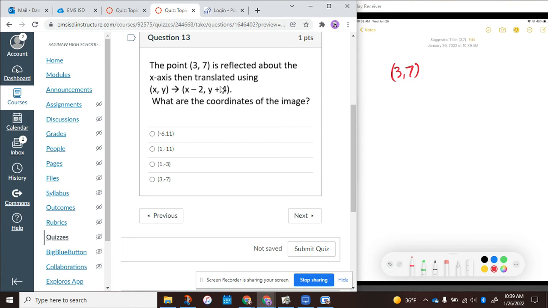So your x coordinate stays exactly the same, because when you flip over in a vertical way like that, there is no movement side to side.